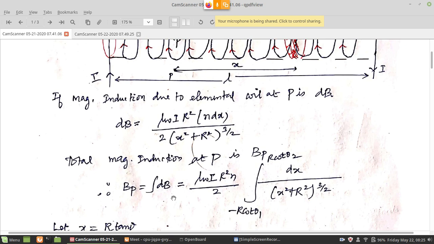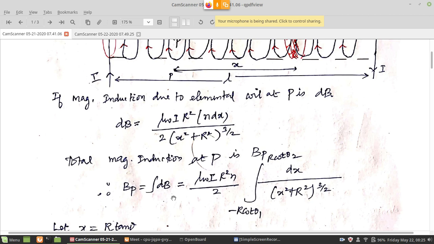So current, μ0 రెండు బయటకు వచ్చేస్తున్నాయి. r² is the radius of the solenoid, that will not change, it will come out. n is the number of turns per unit length, that is not changing anyway. For the entire length of the solenoid, number of turns per unit length is originally fixed. So n is a constant coming out. 2 in the denominator also is a constant, we have taken it out. The remaining terms we have to integrate, that is dx divided by (x² + r²) power 3/2.